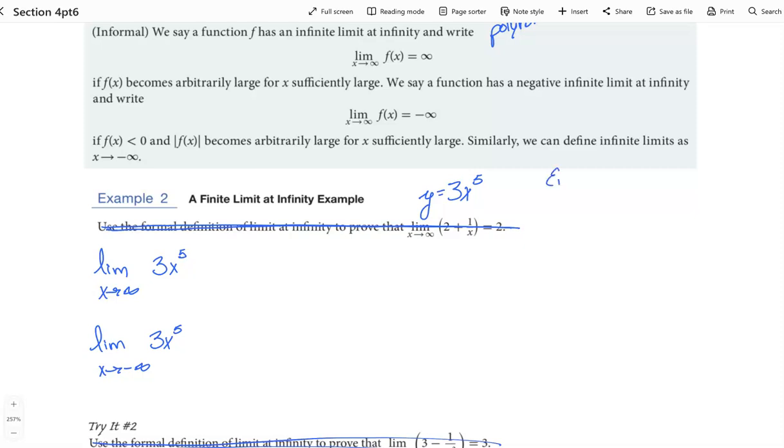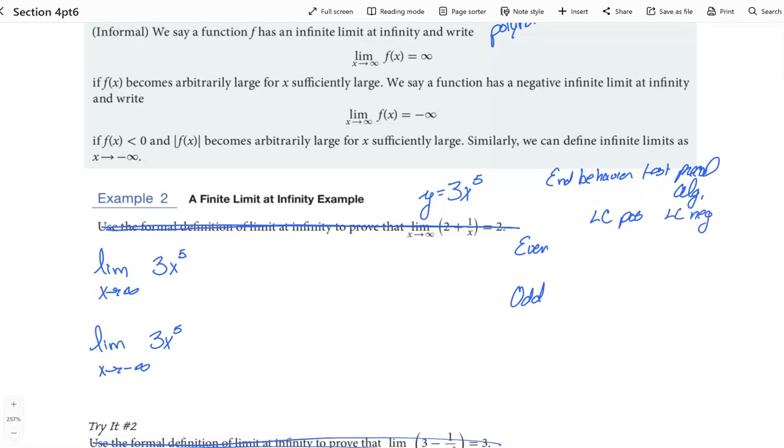So you may remember the end behavior test from 171. The end behavior test looked at whether you had an even or an odd biggest exponent, and then whether the leading coefficient was positive or negative.